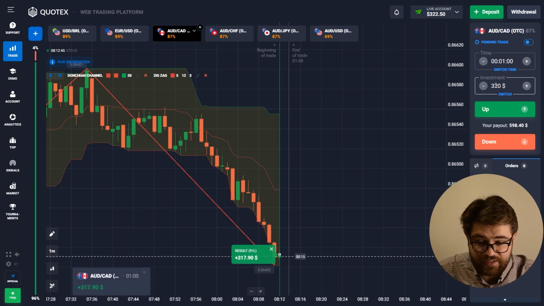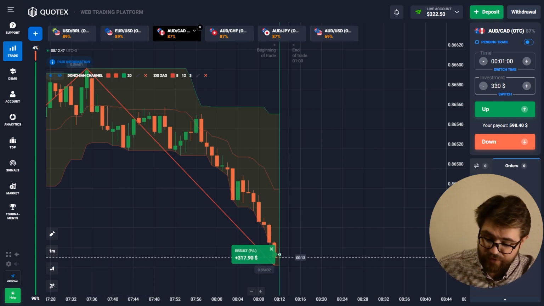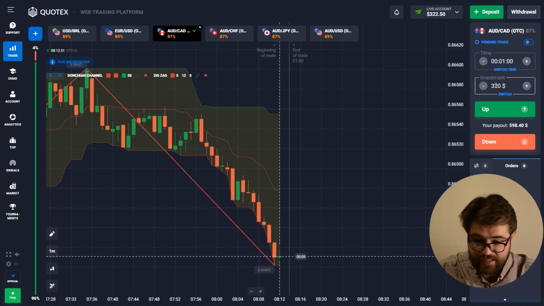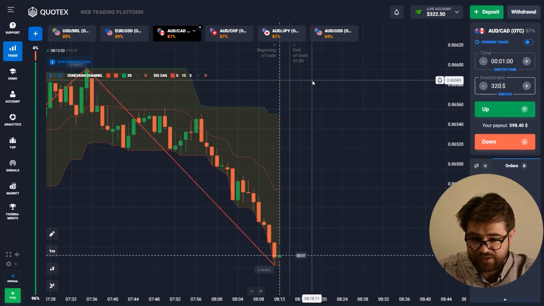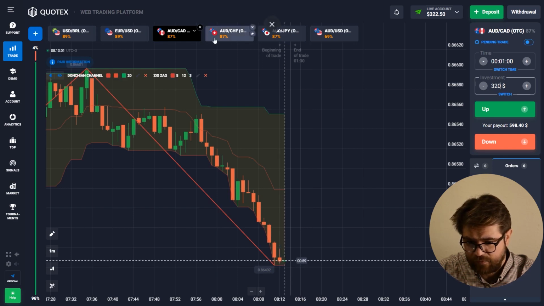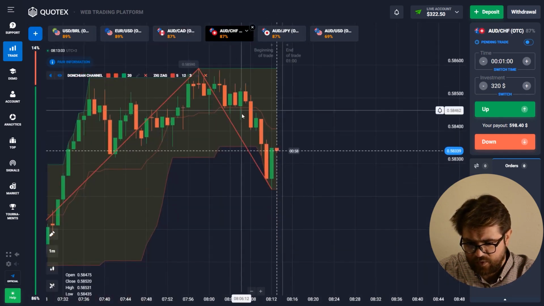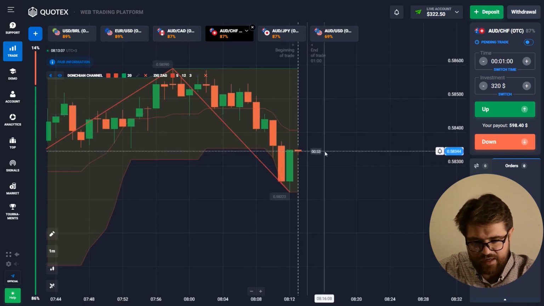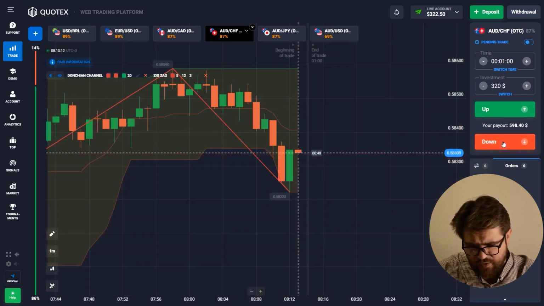And here is the profit. It's $322 already. So we're going to have a $320 option next. Let's have a look at the next currency, this one here, and I see another downtrend here actually, but let's see what happens just now.